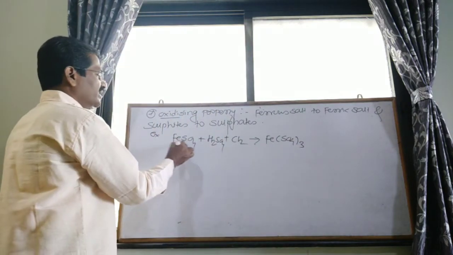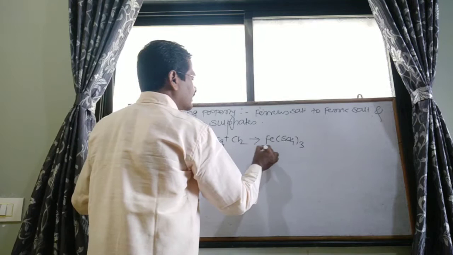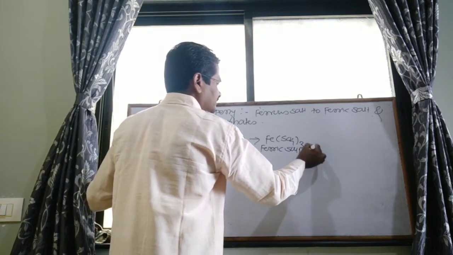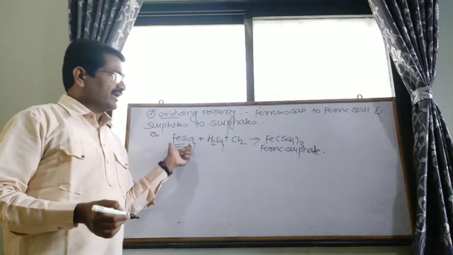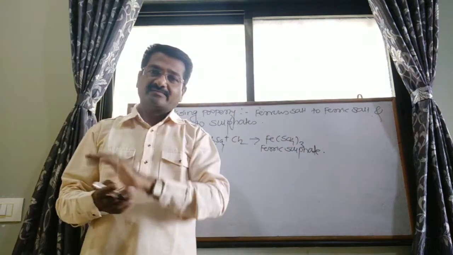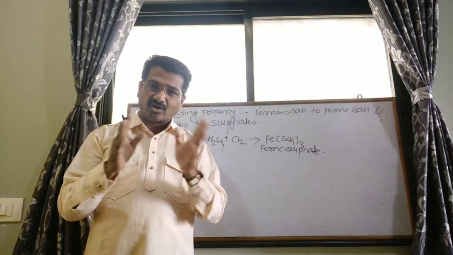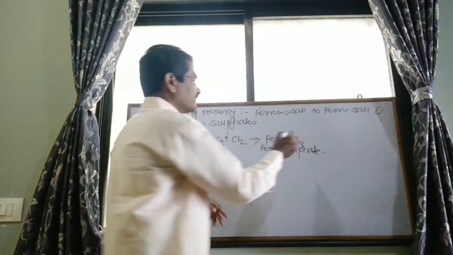So this is the ferrous salt, and this is the ferric salt, ferric sulfate. Ferrous can convert into ferric whenever chlorine is used as the oxidizing agent.